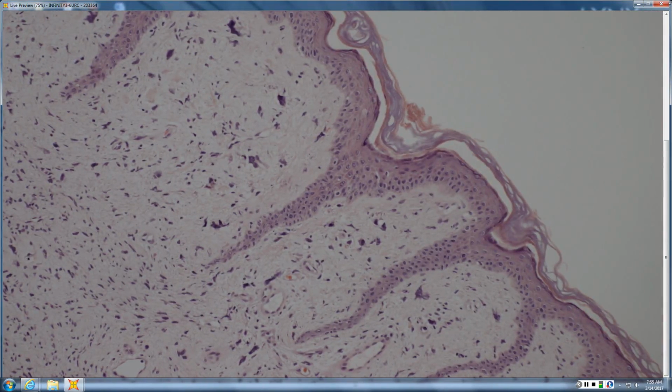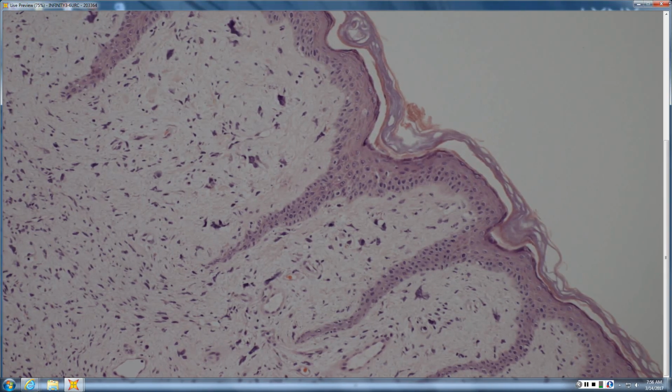So is there any way this could be a translocation sarcoma? What do those look like? Those are more bland looking. Those are bland and hypercellular. You have sarcomas that come from mutations, and you have sarcomas that come from translocations. The translocation sarcomas are very uniform and hypercellular.